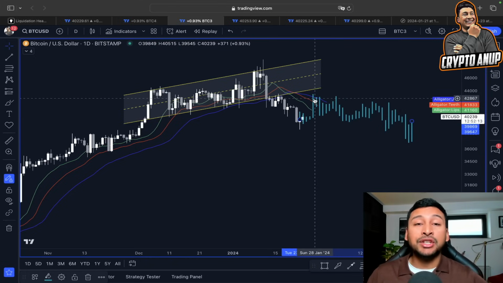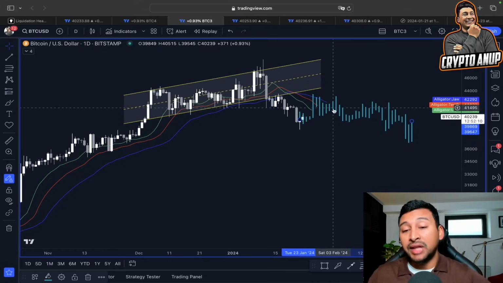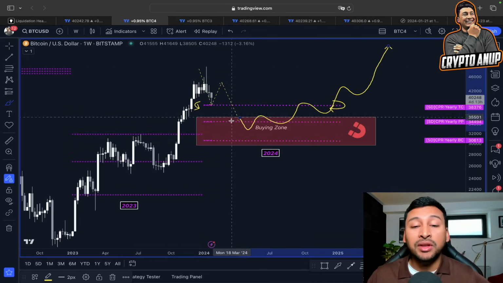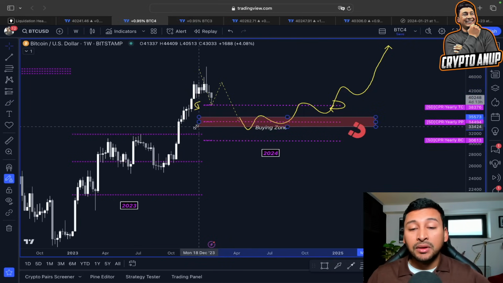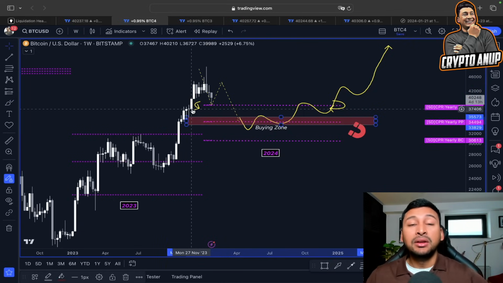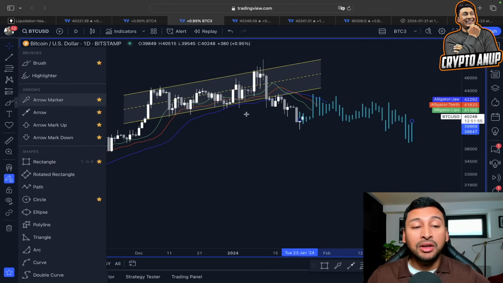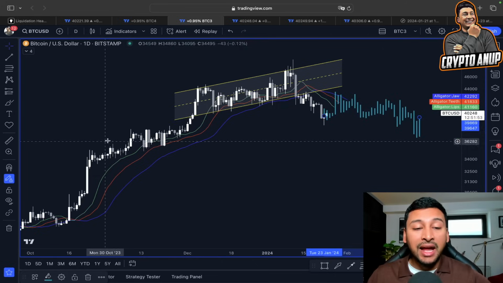Price of Bitcoin getting attracted to this 44,000, then another continuation to the downside, getting attracted in between this central yearly CPR line, 34,000, 35,000, before finding a bottom and starting with a new impulsive move like this.